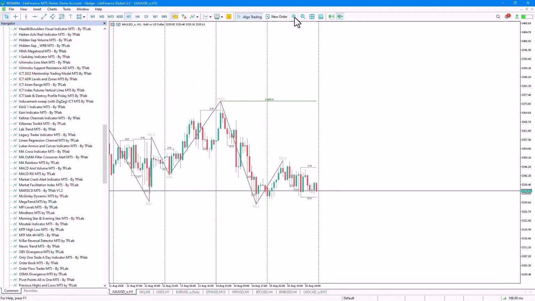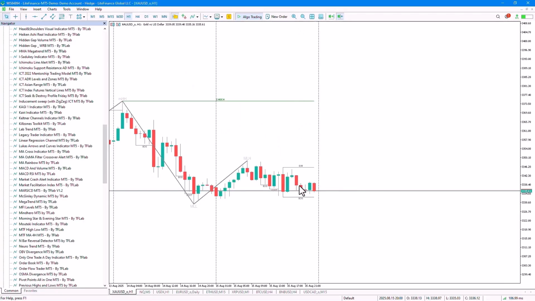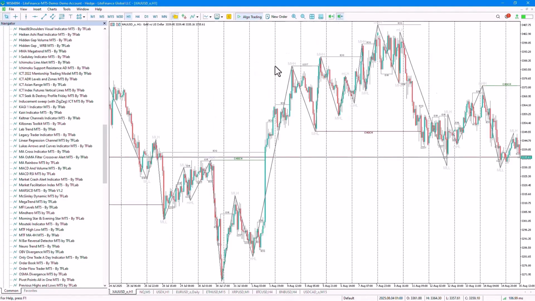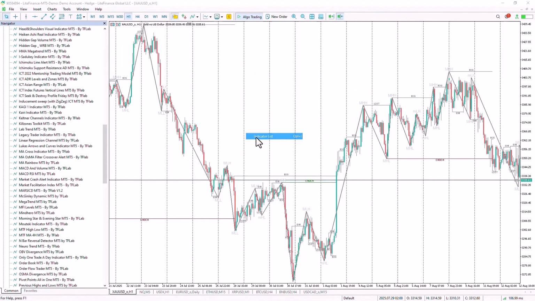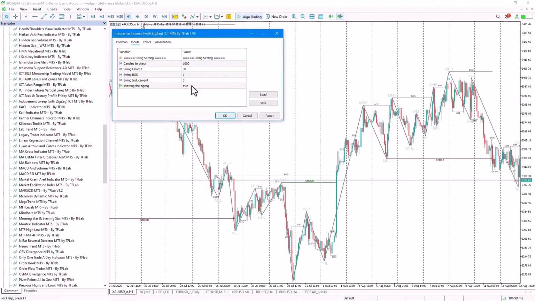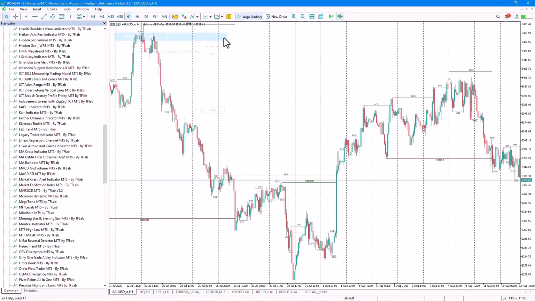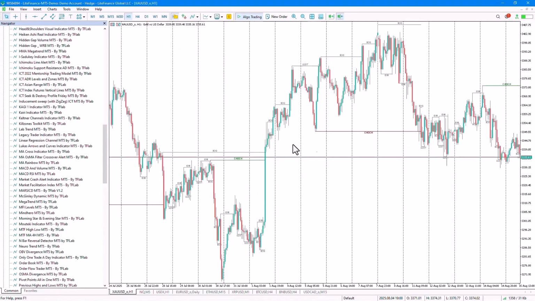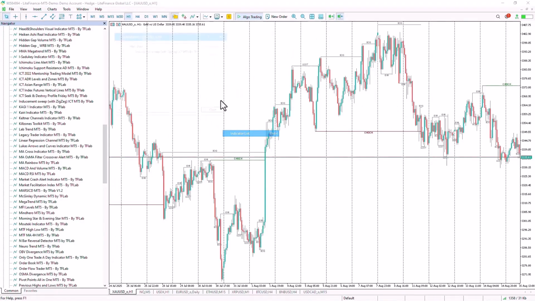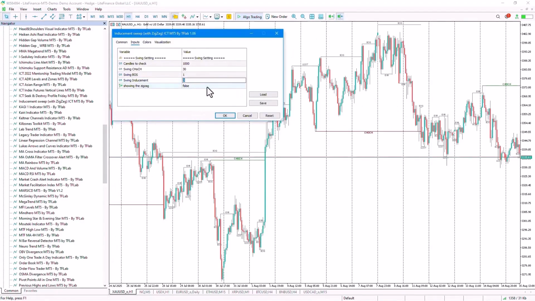Also, at the bottom section, we can see the IDM and liquidity labels along with BOS, for which the levels are displayed for us. In the last input, we can also enable or disable the display of zigzag lines. If this option is set to false, the zigzag lines will not be shown.